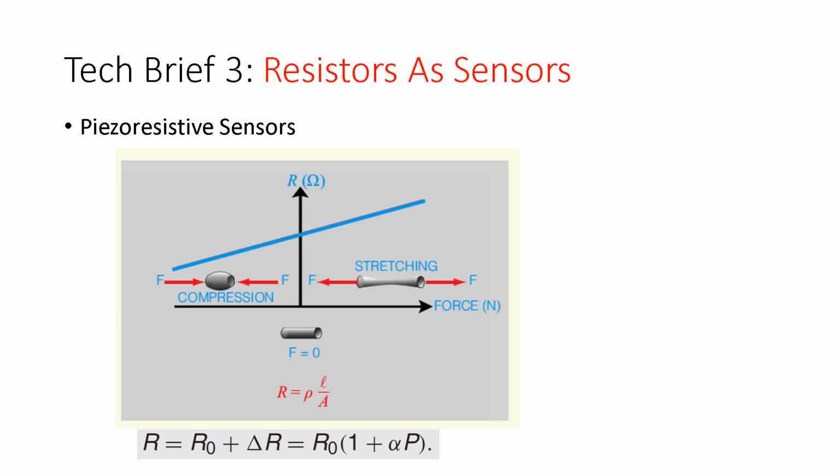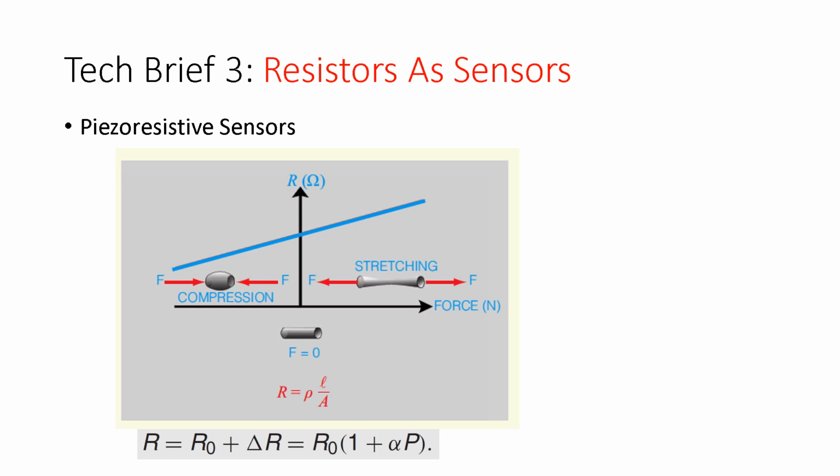If you remember the resistor equation, where resistance equals the resistivity times the length over the area, if you take a tube, which is shown here in the middle at the normal resistance where there is no change and no force applied, and you stretch it, you're applying force to it, you're going to make it go longer and you're going to make the area decrease. And so that's going to change the resistance of that cylinder.